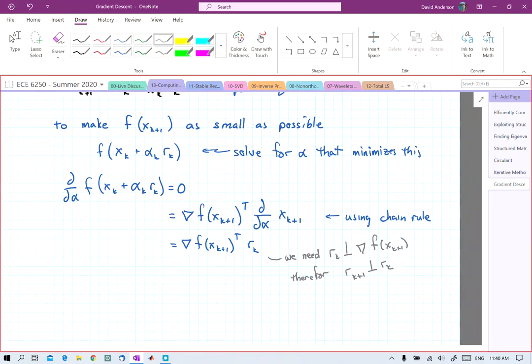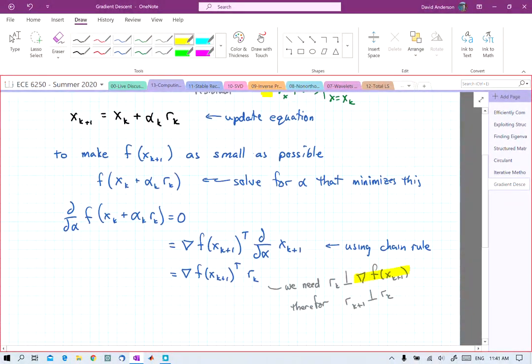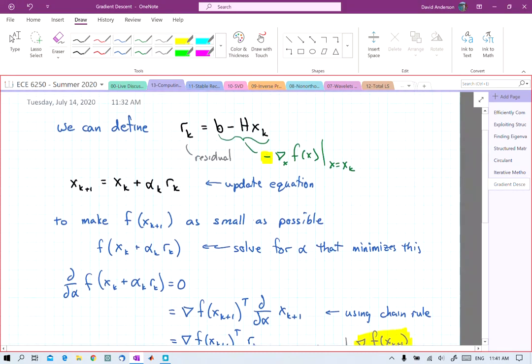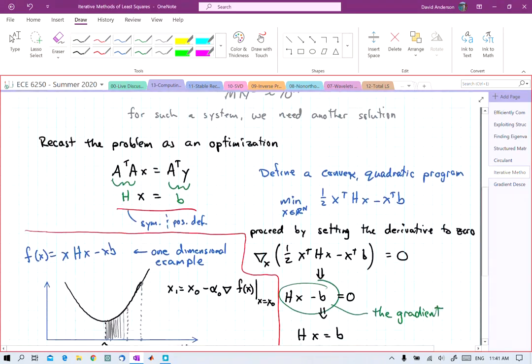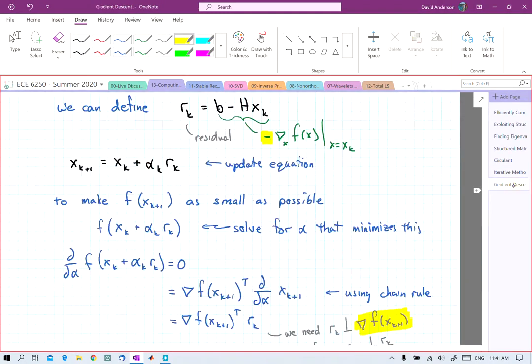Just to make sure you followed that last step, remember that this quantity here, the derivative of f evaluated at xk plus 1, is equal to Hx minus b evaluated at xk plus 1.